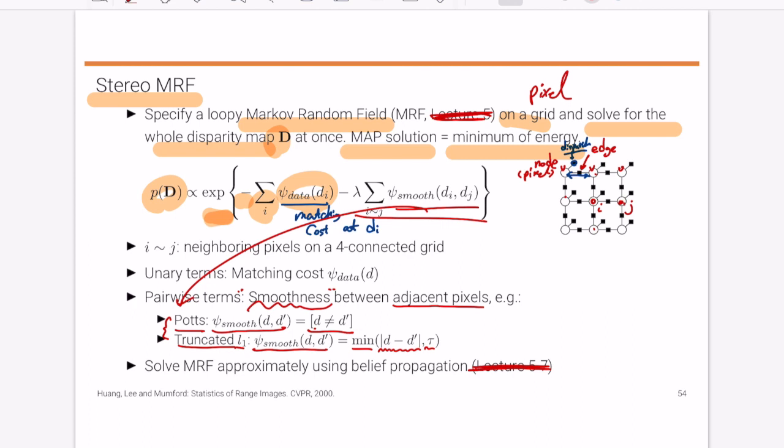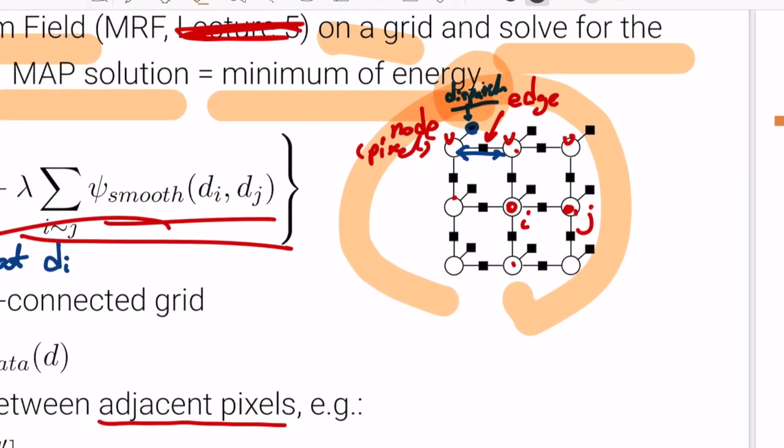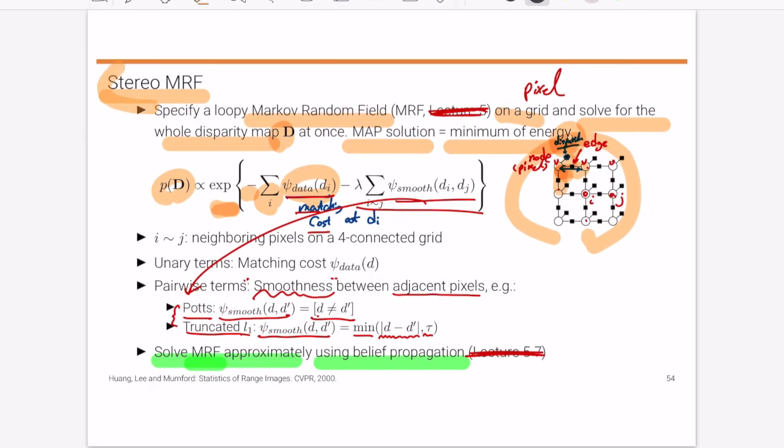And this one is just like the matching cost itself, measured by MC-CNN, for example. Because this is a graph model, by solving the MRF approximately using belief propagation, we finally have a good corresponding disparity for each pixel while considering the smoothness between nearby pixels. So this is kind of MRF.